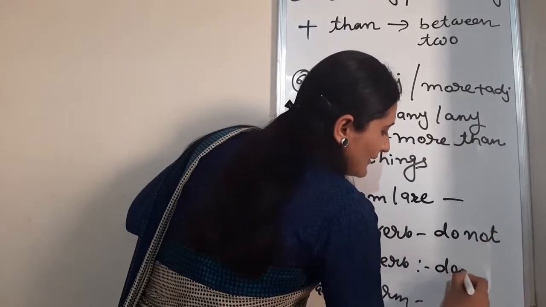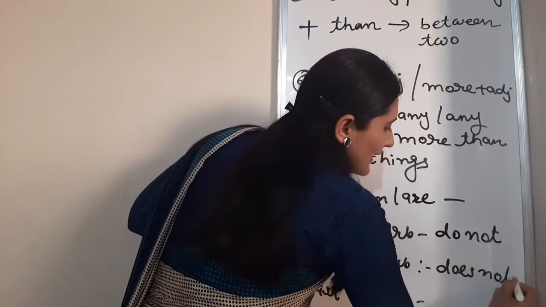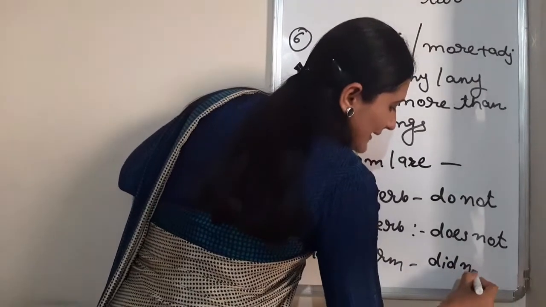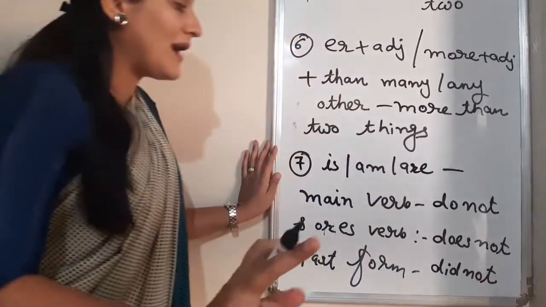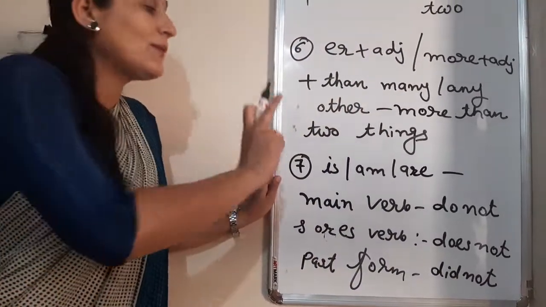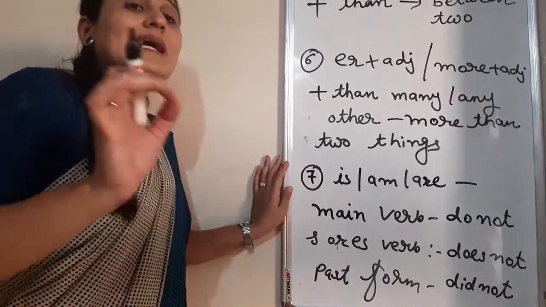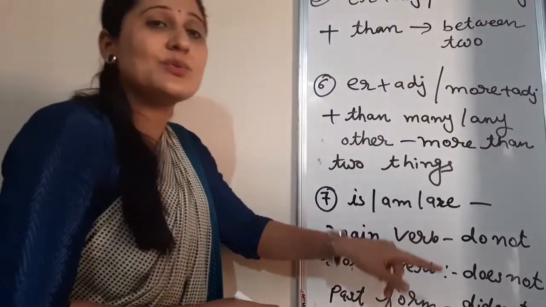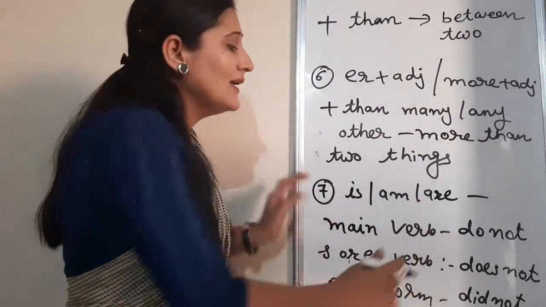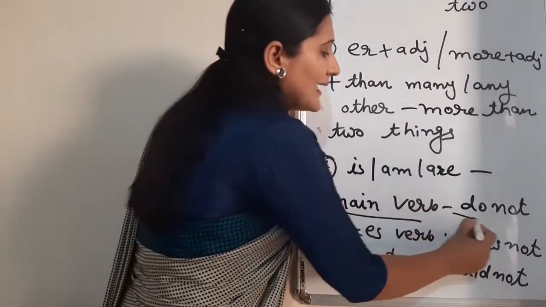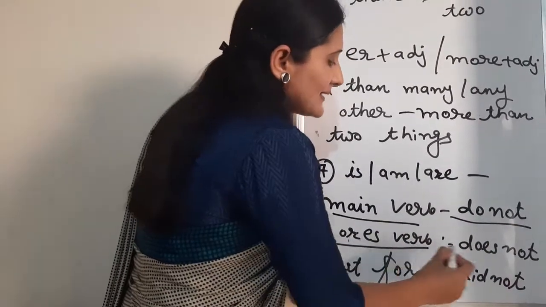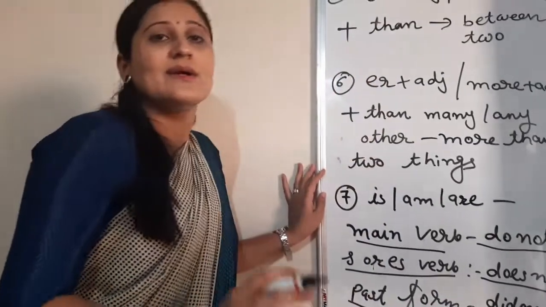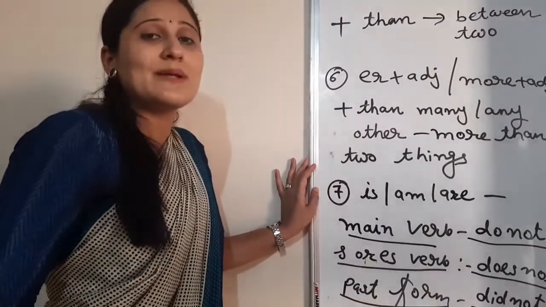Here we need to write "does not" for negative. And here we need to write "did not" for negative. I am talking about when we turn from positive degree to comparative, and the positive degree is positive itself, when we turn it into negative for comparative, that time if main verb, then do not; if S or ES, then does not; and if past form, then did not, right? That only you have to keep in mind.